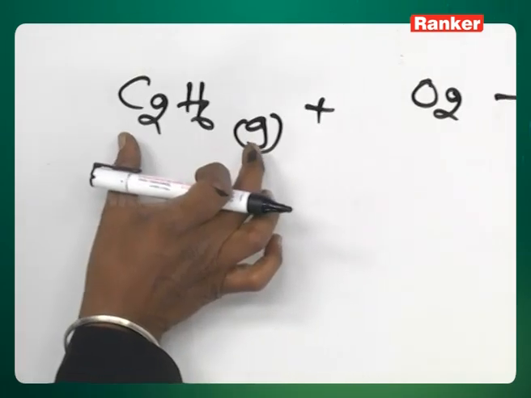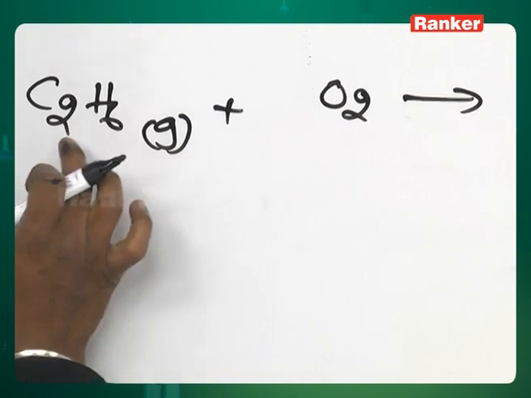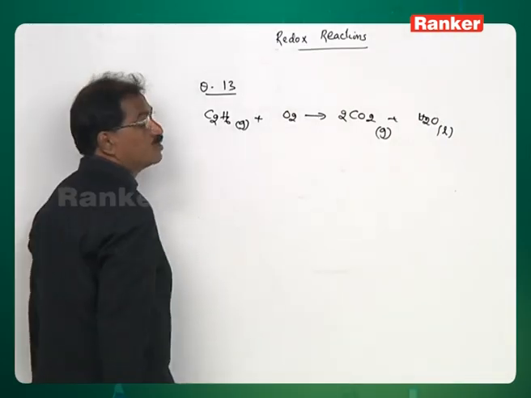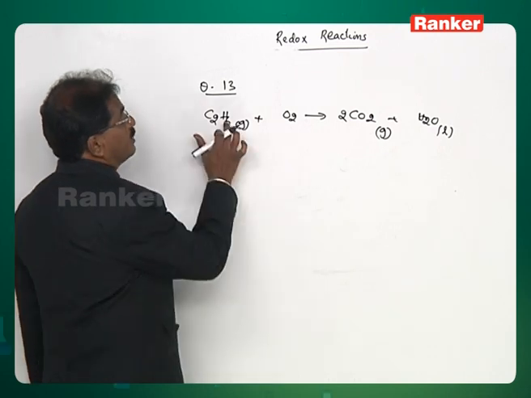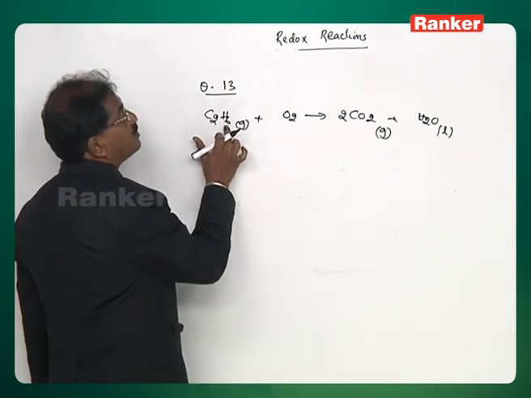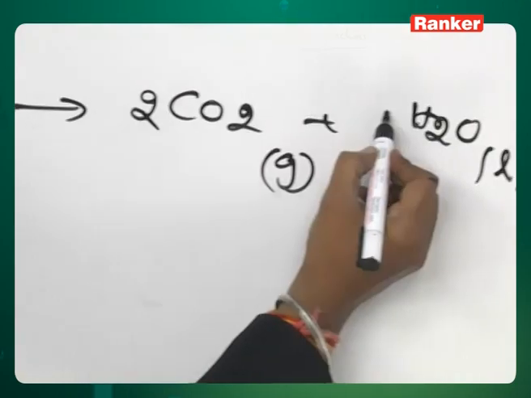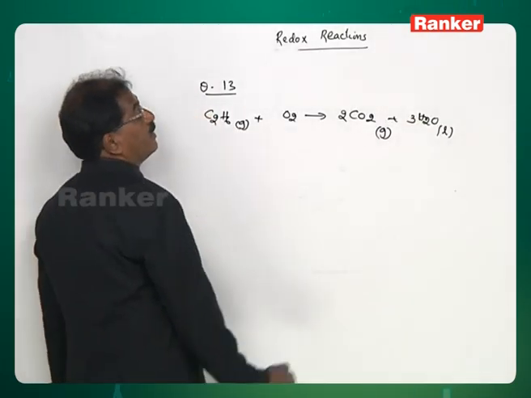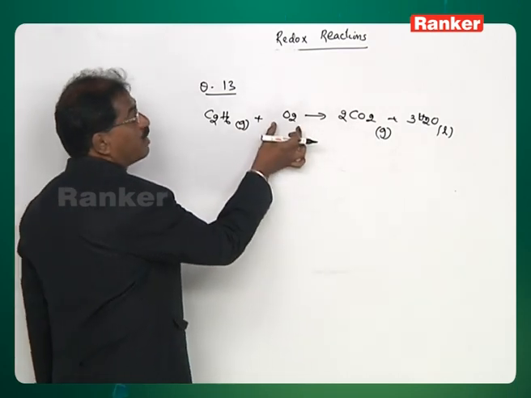See here, when we take 1 mole of C2H6, 1 mole has 2 carbons. Therefore, on the product side also, the CO2 should be 2 moles. Next, 1 mole has 6 hydrogen atoms. Therefore, on the product side, we have to show 6 hydrogen atoms. Therefore, put 3 here.